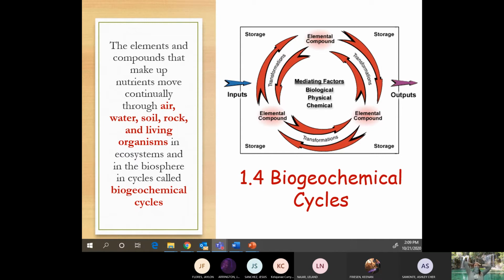All right. So we're going to be looking at nutrient cycles as well, and that's a big part of the nitrogen and phosphorus cycles, and how they move through air, water, soil, rock, living and dead organisms, and then how it moves through the ecosystem, biosphere, all of that.